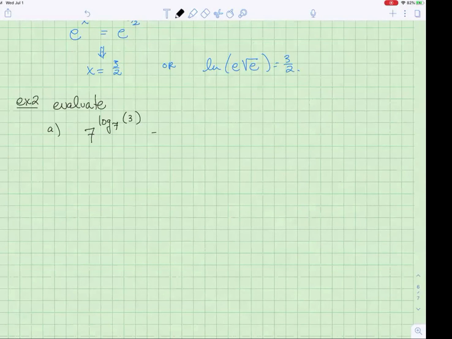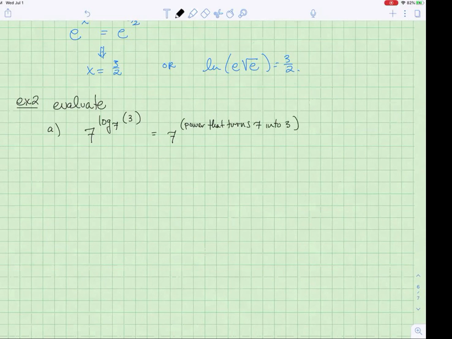However, this is 7 raised to the power that turns 7 into 3.